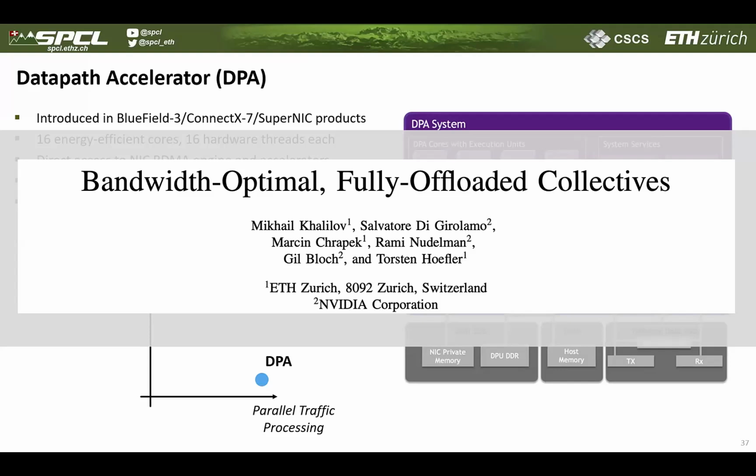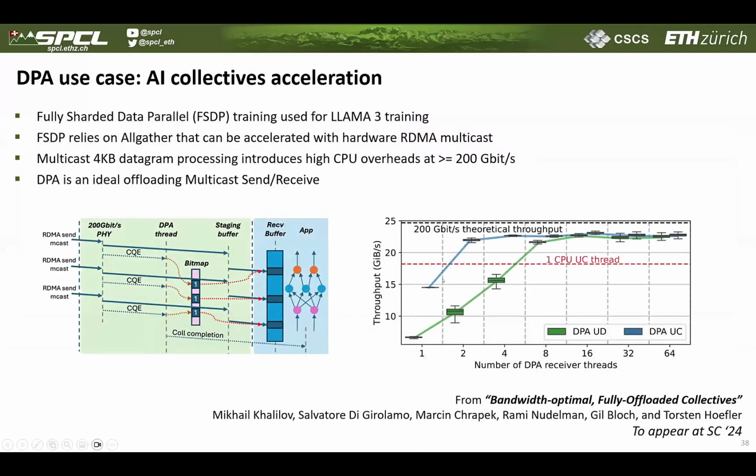And if you go to the next slide, the idea is that by implementing this multicast protocol, it can be used to accelerate distributed machine learning in the area of training, fully sharded data parallelism.